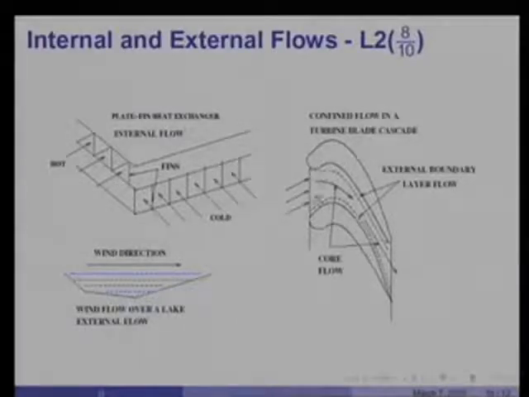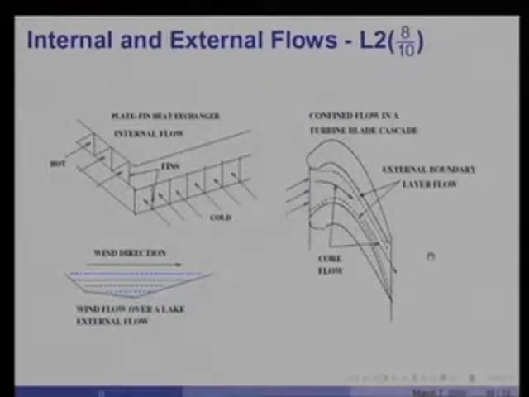Such a situation is called a cascade of blades, and the oncoming flow will flow through the passage created by the pitch. So the flow would enter and would leave the turbine blade from near the trailing edge.